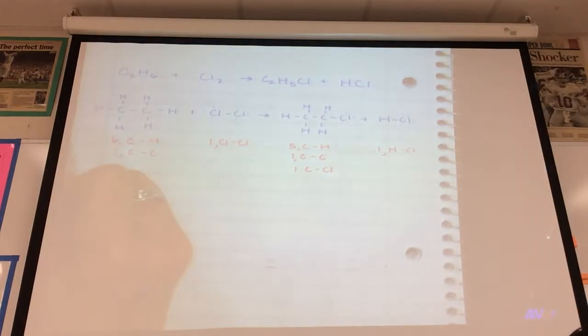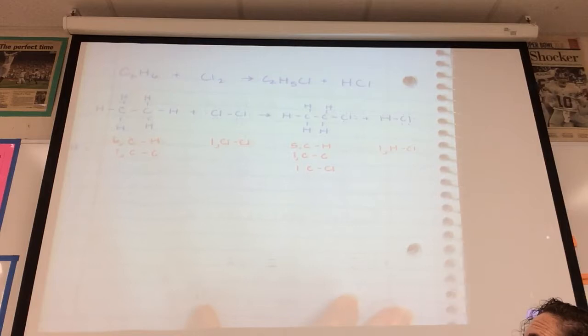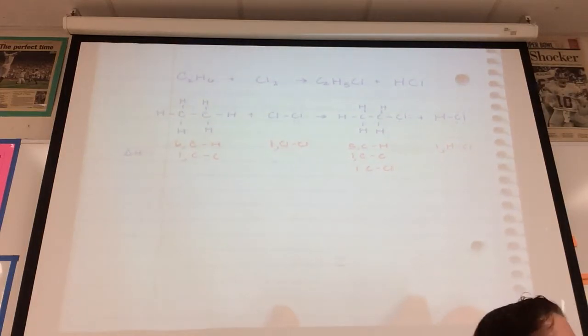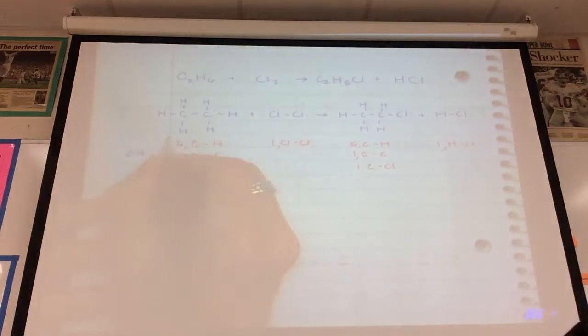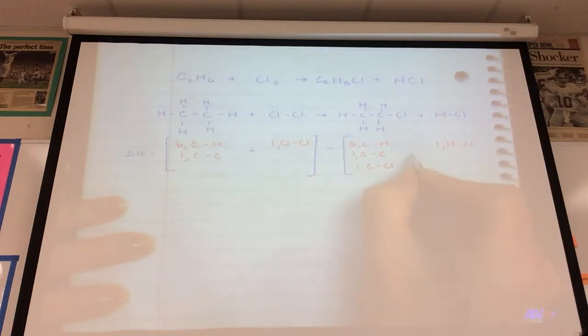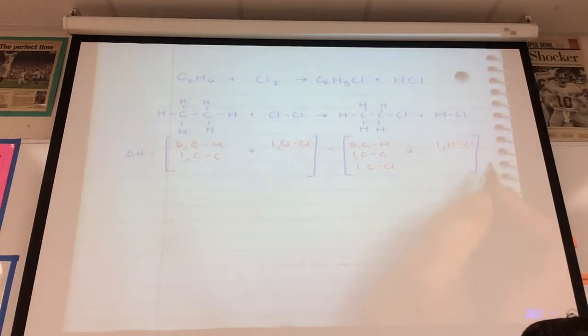Delta H is equal to the sum of the bond energies of the reactants minus the sum of the bond energies of the products. If you're doing this on part 1, the numbers are going to be very easy to manipulate, but you still want to simplify.